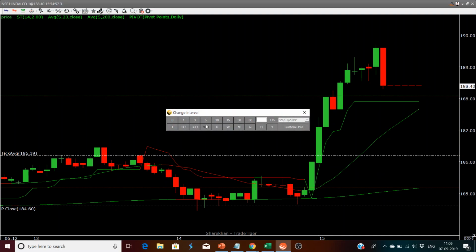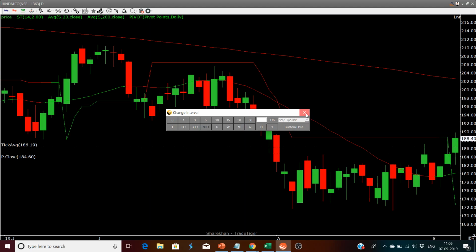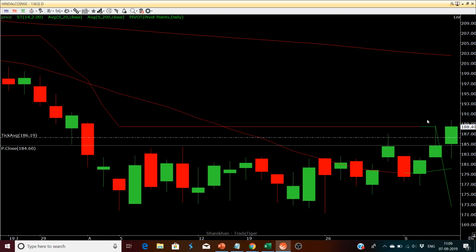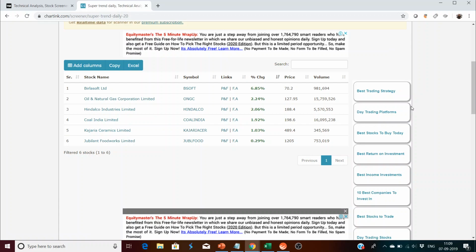So this is a 3-minute chart. Let's look at the daily chart. Yes, you can see the candle has broken the super trend and it's given a bullish sign. So these scans work properly. The only agenda for showing the chart is to ensure that these are correct scans.